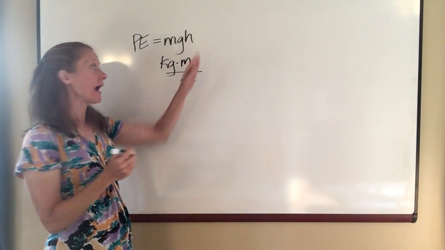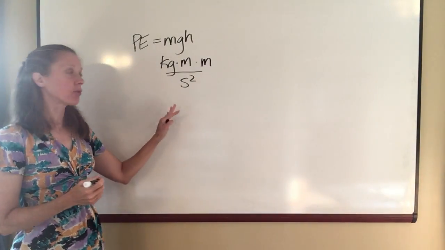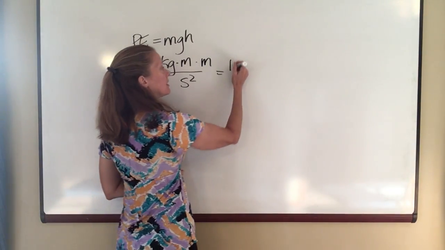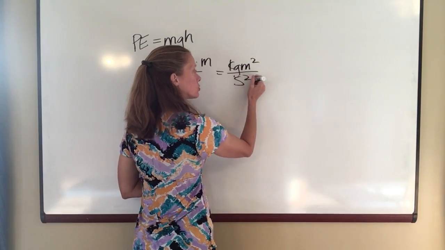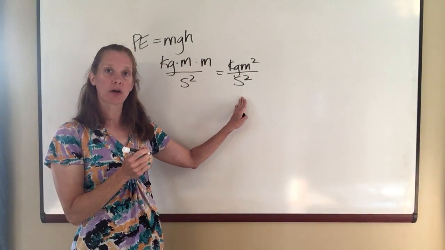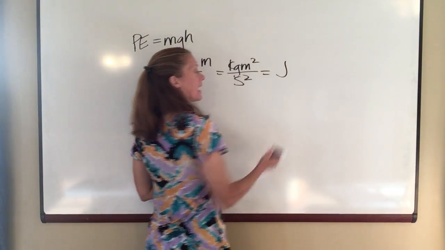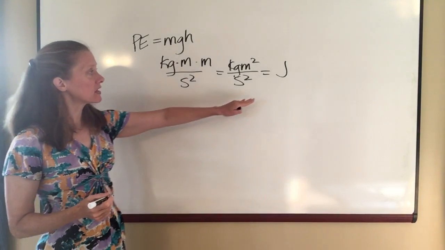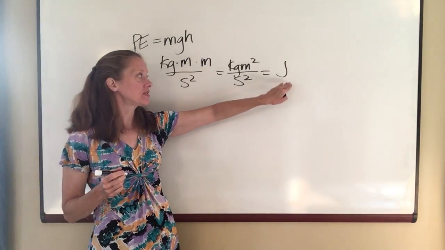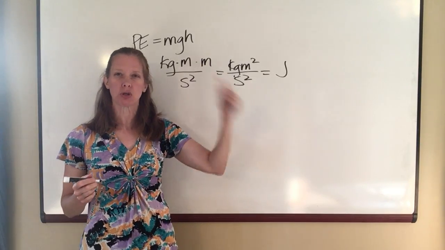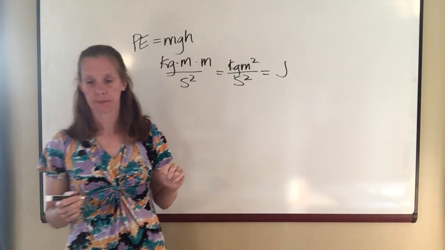And then my height is going to be expressed in meters. So that's going to give me kilogram meters squared per second squared. And as we talked about the other day, that is going to be exactly the same units as a joule. So as you can see, energy and work have exactly the same units. So make sure that you tuck that little piece of knowledge in the back of your mind, because it's going to be very, very important.